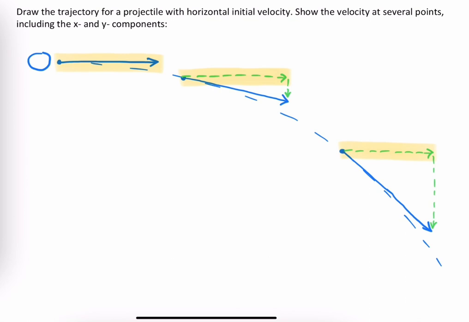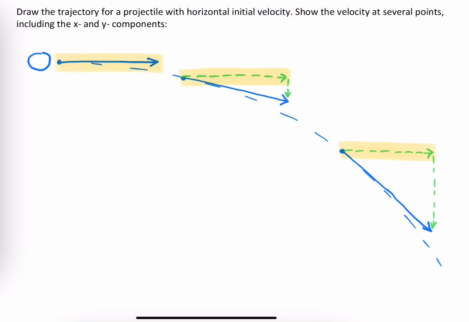So these three guys I've highlighted, those are my x components. And if I've drawn this correctly, what you'll see is that they're all the same length. So the portion of this ball's velocity that's moving in the x direction, represented by these three arrows, is always the same.